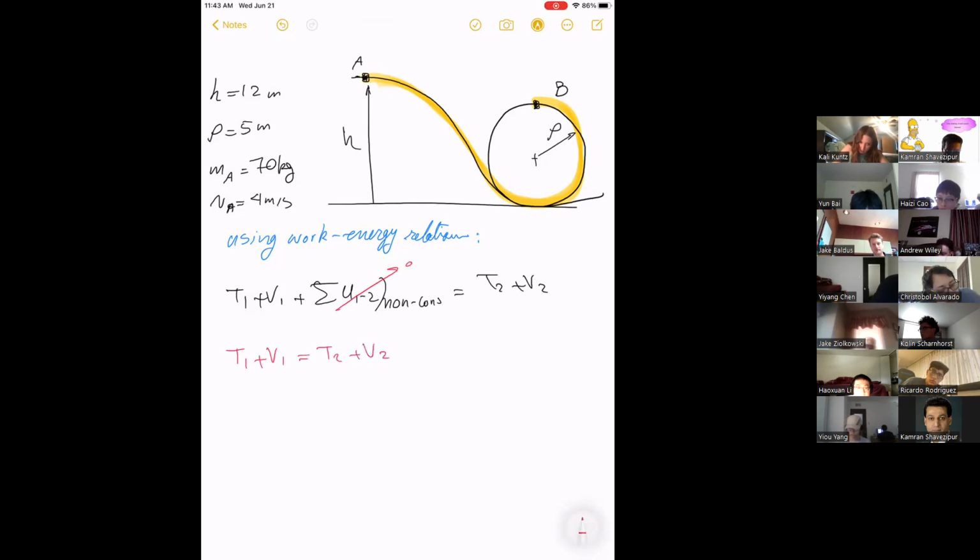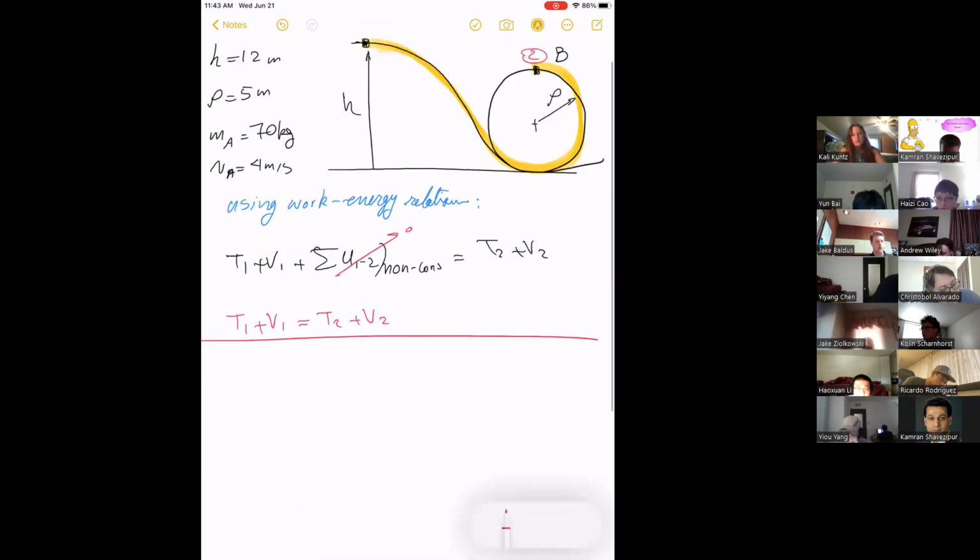And 1 is point A, 2 is point B. Let's just find those terms one by one. How much is T1? It's going to be half m V1 squared, and this is V1, VA. Let's just make it VA squared. You have the number. I'm not going to calculate the number right now. Okay. How about V1? V is the potential energy, right?